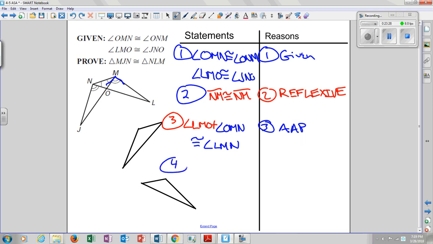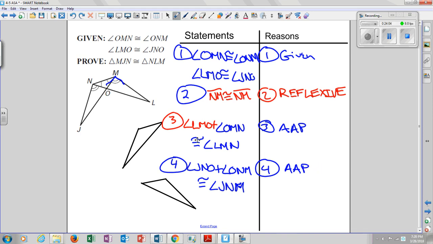Step 4 is going to be very similar. We're going to be able to say L or J and O plus angle O and M is congruent to angle J and M. And that's angle addition postulate.